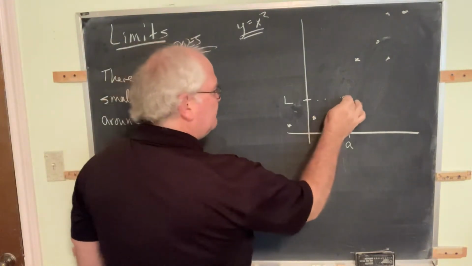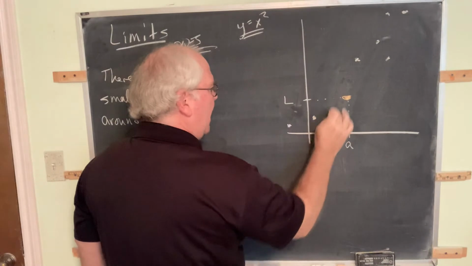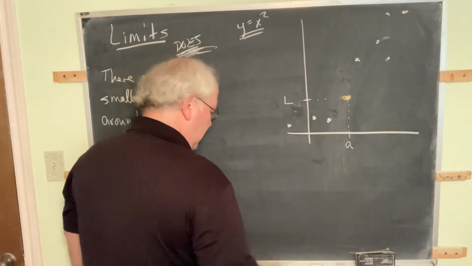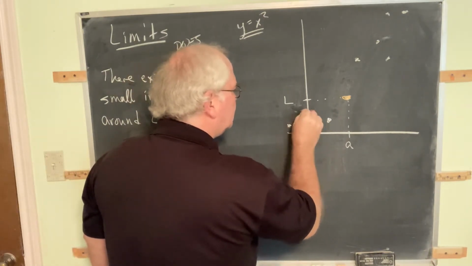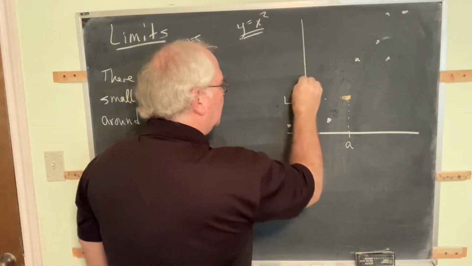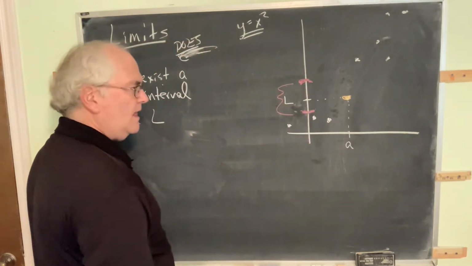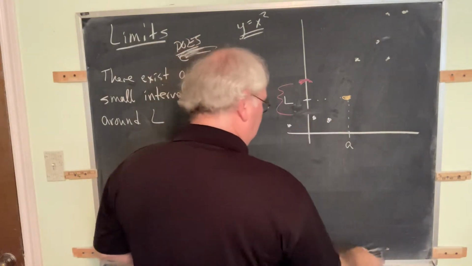Now, what does that mean? Look, this point is separated from the next one up and the next one down by a certain distance. So I'm going to say there is an interval here and here. I have an interval around L. Now my picture is terrible. That is supposed to be the same interval above as below.